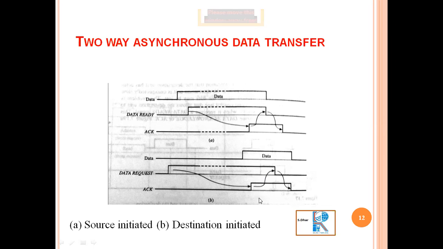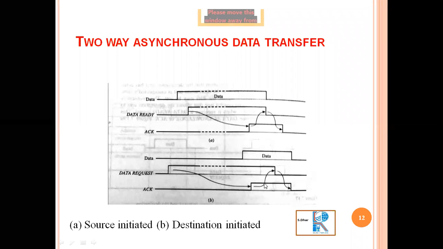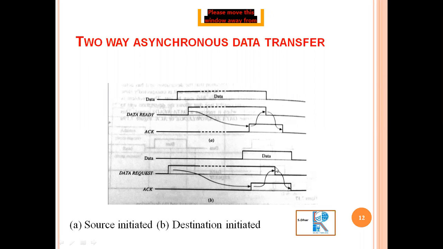So now data will be transferred from source to destination, and when this acknowledgement signal given by the source reaches the destination, it makes the data request line low, and the data line will also be low. Clear? So this is called the destination initiated asynchronous data transfer.